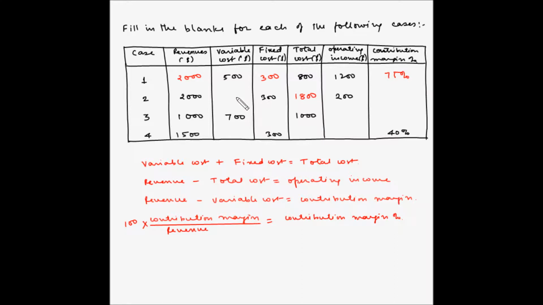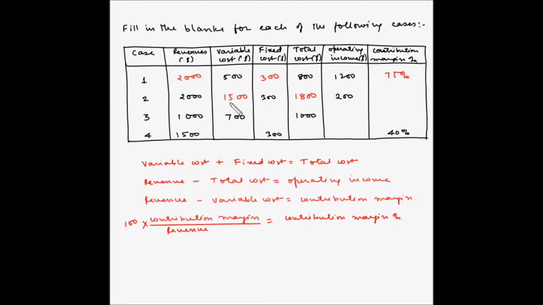Now we know that variable cost plus fixed cost is total cost. Now let's take variable cost as x. So x plus 300 is equal to 1800. So x is equal to 1800 minus 300, which is 1500. So the variable cost is $1,500. Now the contribution margin for this case will be equal to the revenue minus the variable cost.